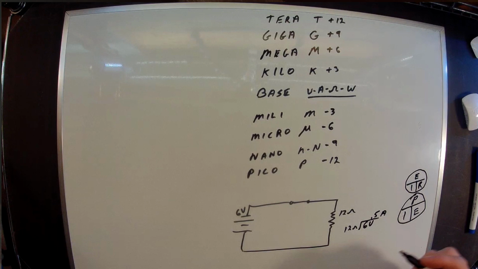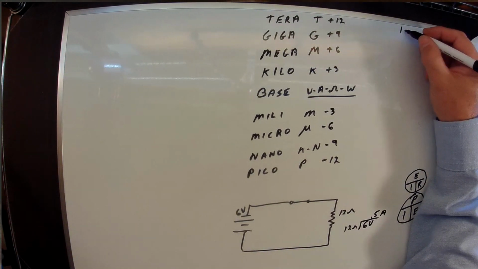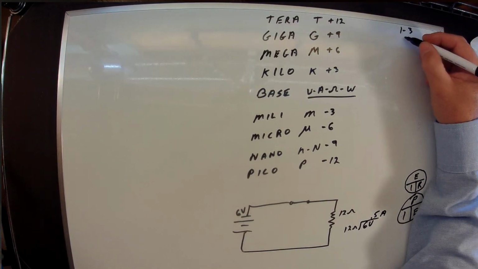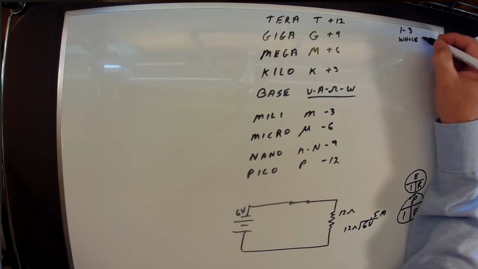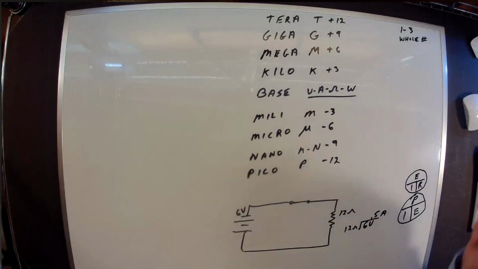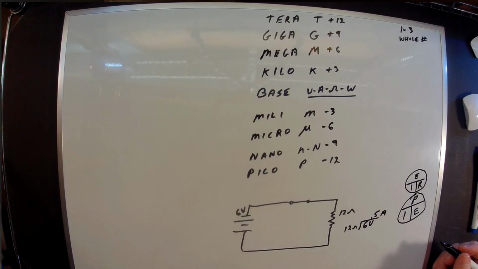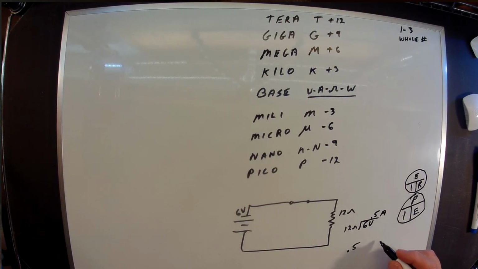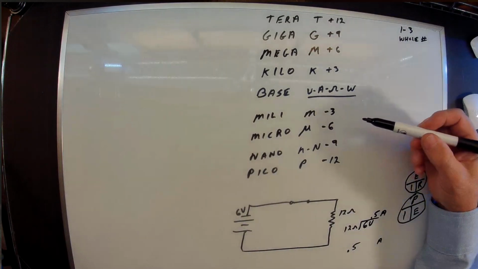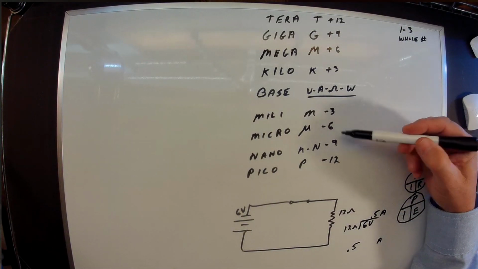So what we want to look for normally is 1 to 3 whole numbers. And we use our prefix to do that. So if I want 0.5, I'm going to just put 0.5 right here somewhere. And I want to make that a bigger number, so I go to a smaller prefix, right?